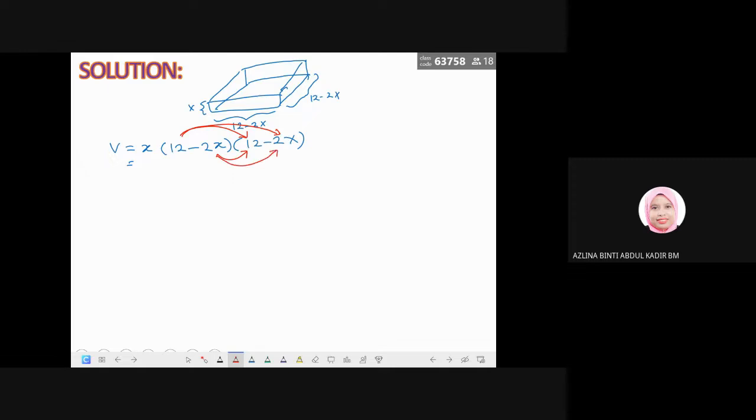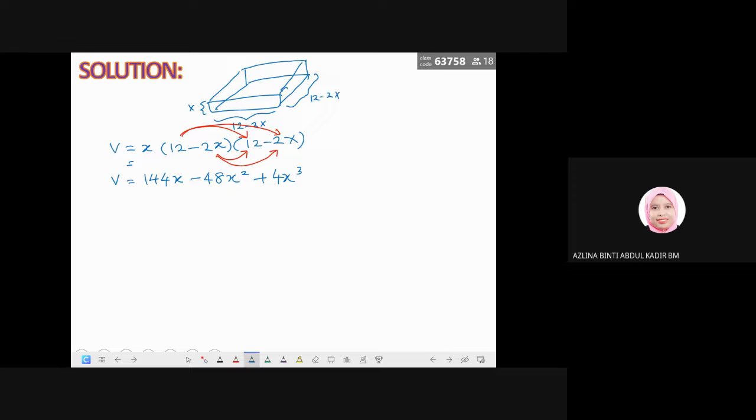So the expansion is 144X minus 48X squared plus 4X cubed. This one is the volume.